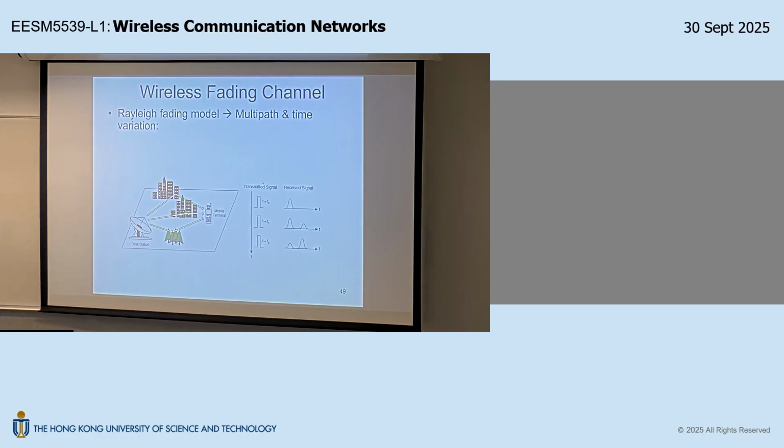Now, what would happen if you have multipath added together? In your high school physics, right? So if you have two sine waves, this is from path 1, this is from path 2. Let's say the two sine waves are phase aligned. That means this peak is aligned with the other peak. When you add them together, what would be the result? You get a bigger sine wave, right? You get a sine wave with a larger amplitude, right?